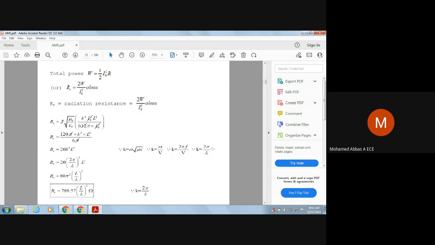From this simplification, the equation reduces to R_r is equal to 80 pi square into (dl by lambda) the whole square. Now we can substitute the value of pi, which is 3.14, and after substitution we get the radiation resistance equal to 789.57 into (dl by lambda) the whole square. So this gives the radiation resistance of the short dipole.